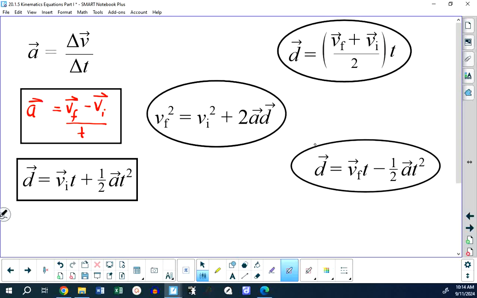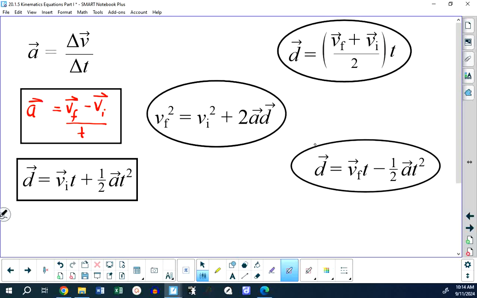How many kinematics descriptors are there? How many variables are there when we talk about accelerated motion? There's time, there's initial velocity, final velocity, displacement, and acceleration. There's 5. And if you look at each of these formulas carefully, each formula has 4 of the 5.